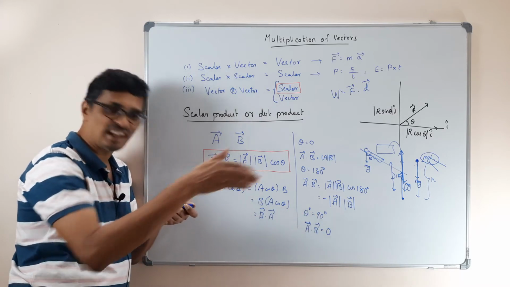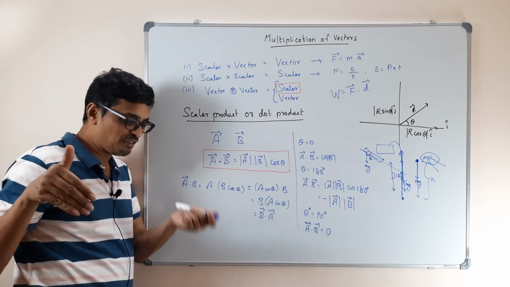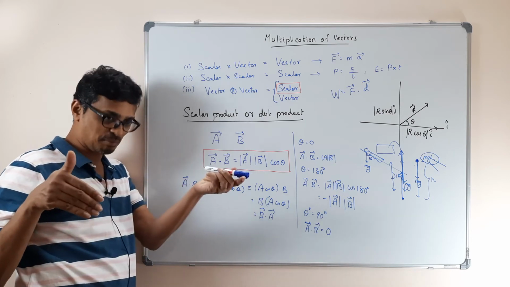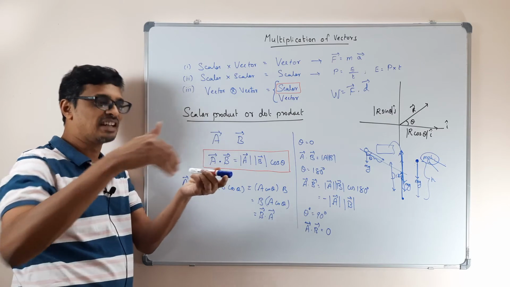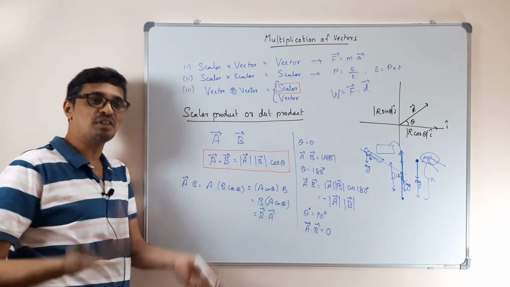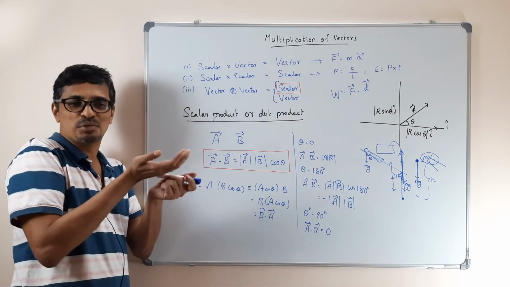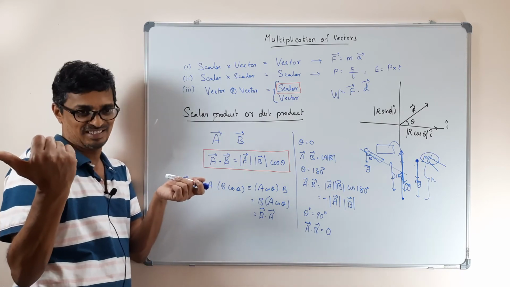The work cannot be done perpendicular to the force. If any force is applied and there is a displacement perpendicular to that force, then the work done is 0. The force has not done any work because the force cannot push it perpendicular.